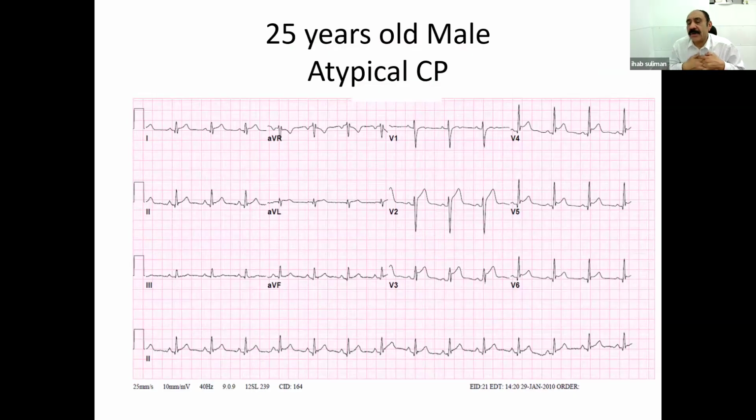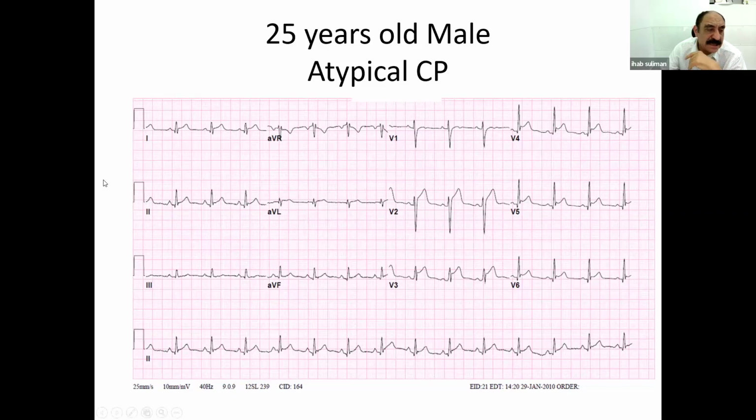When he goes back or lies down, he feels chest pain. So I gave you an exact scenario of a patient who is having an atypical or non-ischemic cardiac chest pain, and he has pericarditis.